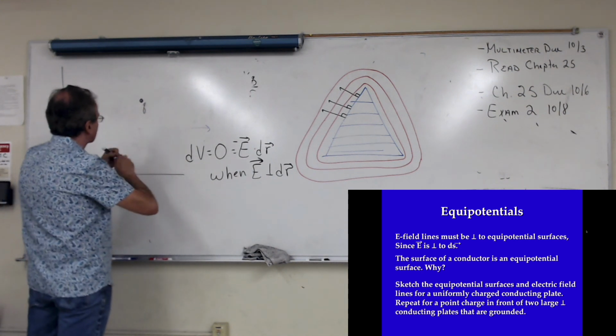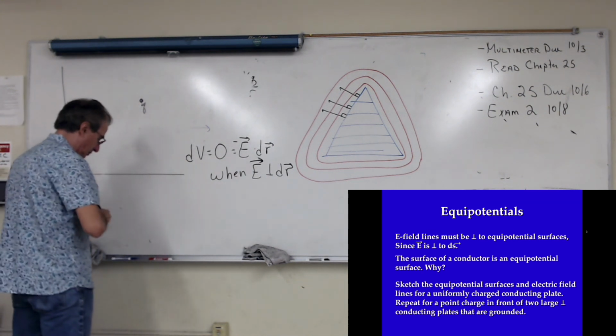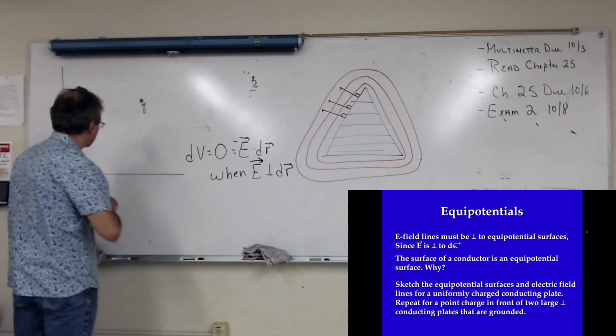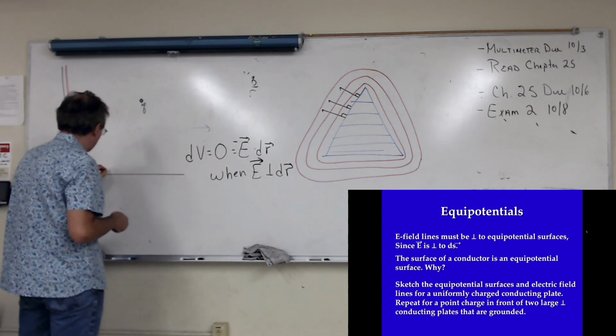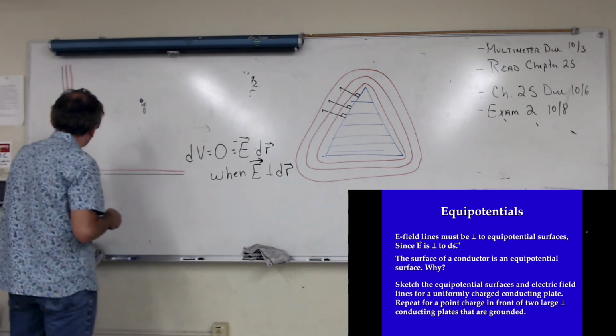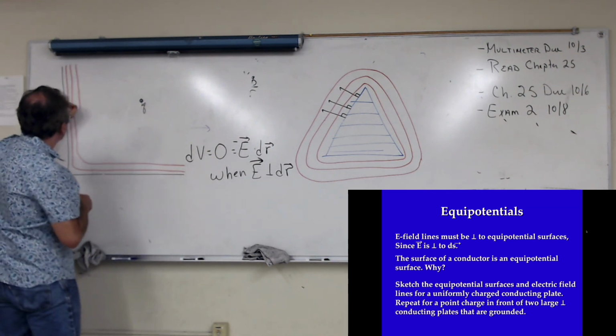Let's say it is positively charged, and the electrons are going to be attracted to the surface. The field is going to be perpendicular to the surface, but the equipotentials have almost the same shape as the surface. As you get closer to the charge, these get more rounded.